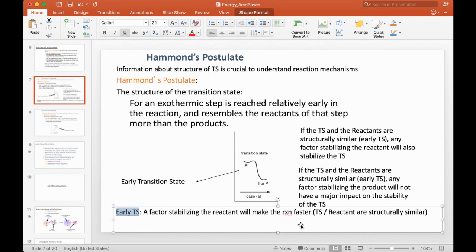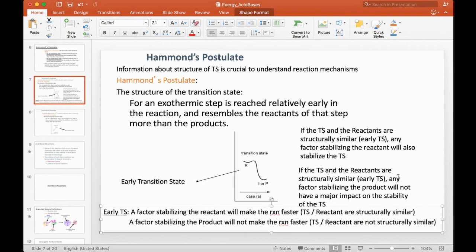And on the other hand, the factor stabilizing the product will not make the reaction faster because they are structurally similar.